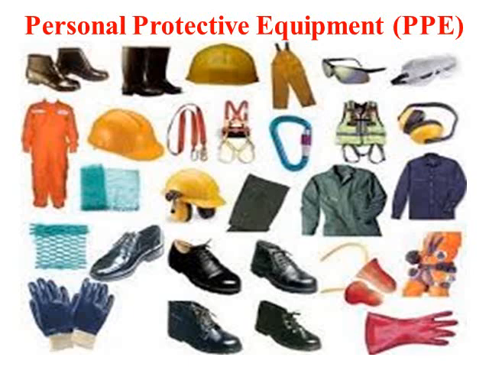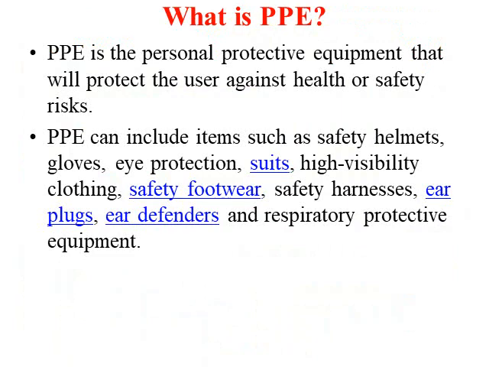Now, what we use in industries is of course very different from what the doctors are using. As shown in the sketch, these are some of the personal protective equipment usually used in mechanical industries. We'll be discussing these in detail. So what is personal protective equipment, or PPE? Personal, as the name itself says, personal protective equipment will protect the user against health or safety risk.